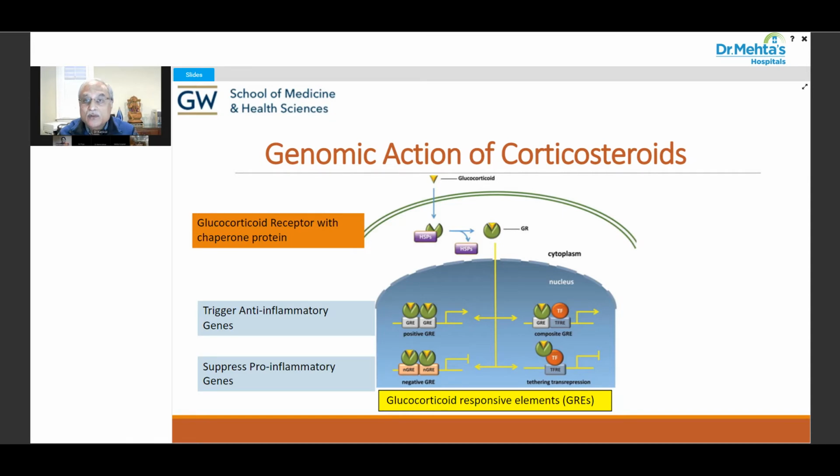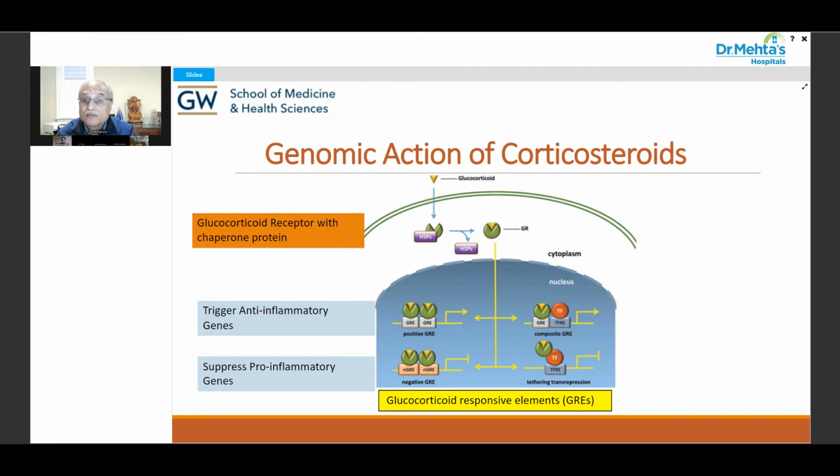Once the glucocorticoid combines with the receptor protein, the chaperone is thrown away, and the complex then is able to go into the nucleus by an importer mechanism. When the complex is within the nucleus of the cell, it attaches itself to what is known as the glucocorticoid responsive elements in the DNA sequence.